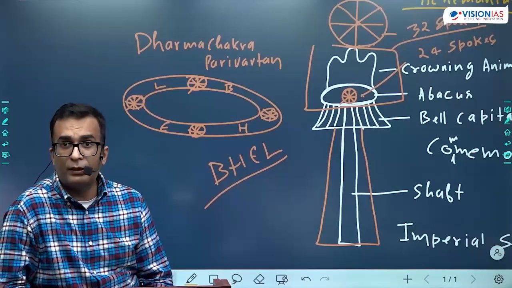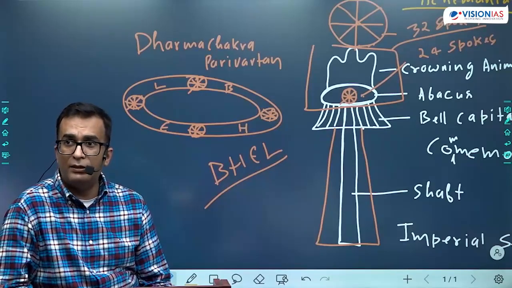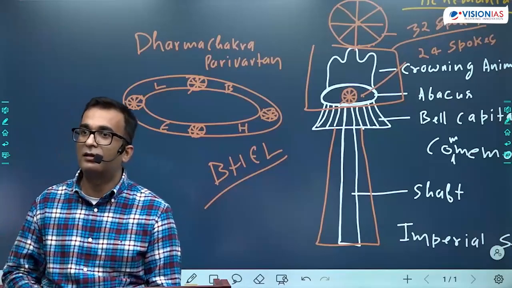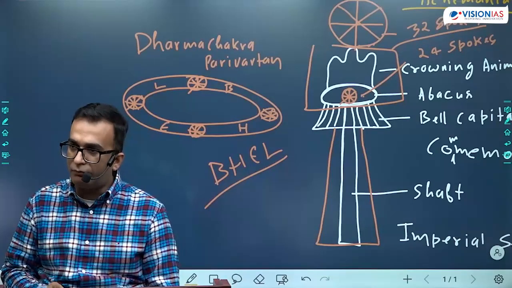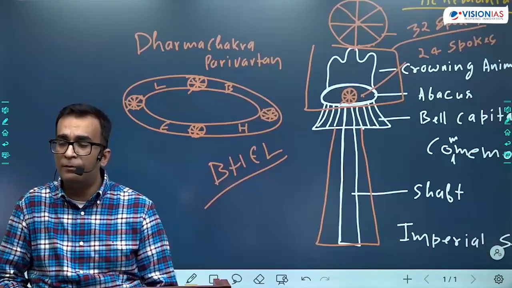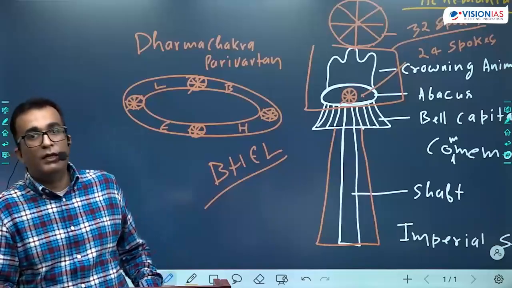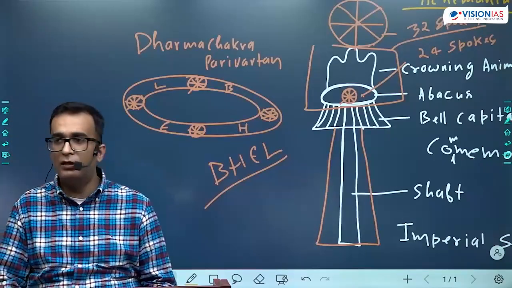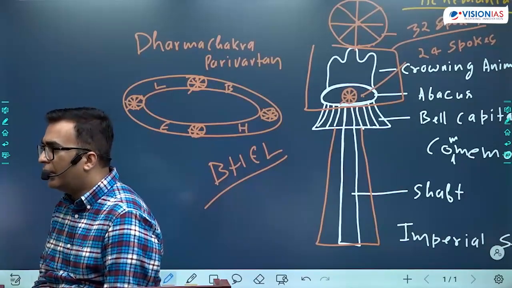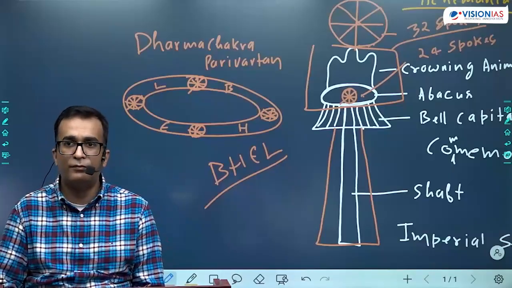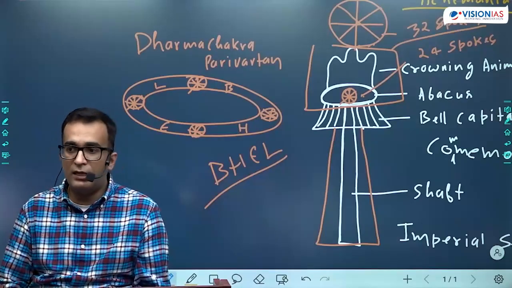Then mention the crowning animal. The crowning animal and the abacus part with 24-spoke dharma chakra was adopted by the Government of India as national emblem.